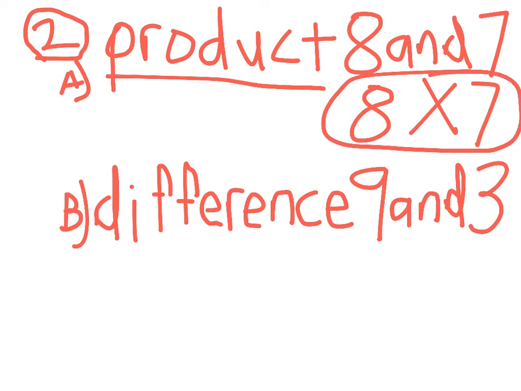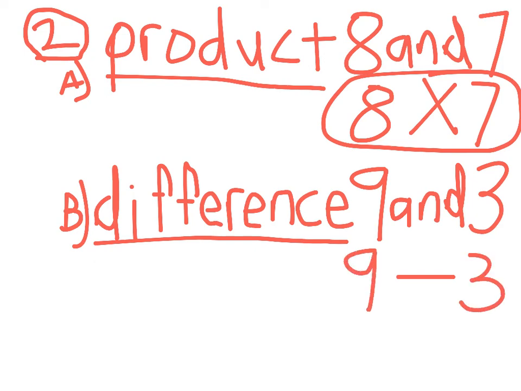Expression does not have an equal sign. And then for the other one, we're talking about the difference. Difference means subtract, so I put that where the word and is, just like I did multiply where and was. The difference of 9 and 3, we write 9 minus 3. You're not actually solving it here. All they're wanting you to do is write the expression that represents the wording.